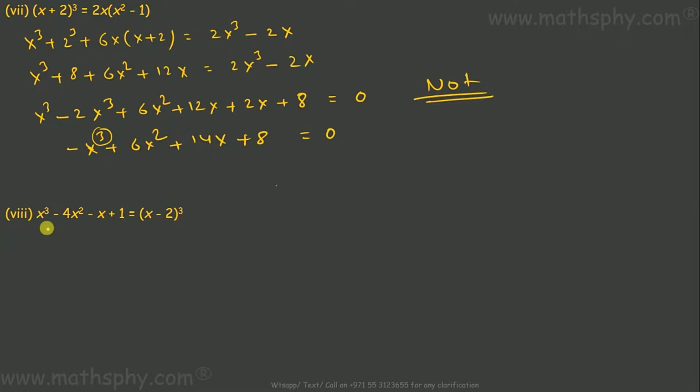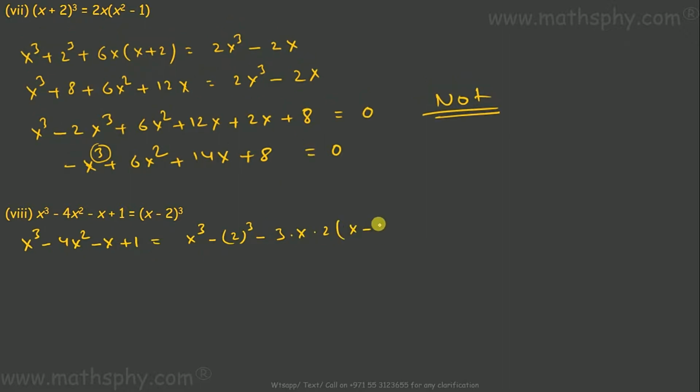This one here again, we have cubic power. Apparently does not look like quadratic, but let's see what comes after solving it. So this is x cube minus 4x squared minus x plus 1 equals to (x minus 2) whole cube, which is a cube minus b cube minus 3ab(a minus b). So x cube minus 2 cube minus 3 into x into 2 into (x minus 2).